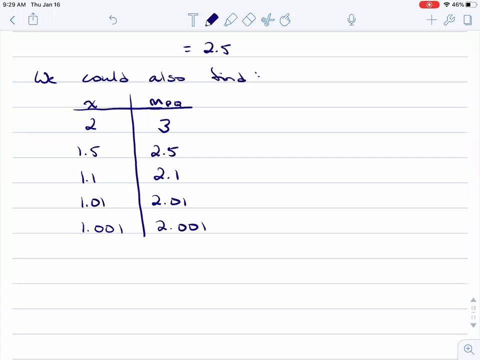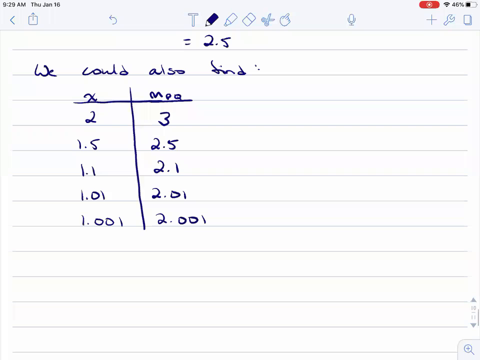It's really looking like as we get closer and closer to 1, our slope is going to be 2. But let's make sure by checking from the other direction. Again, I'll just give them to you.